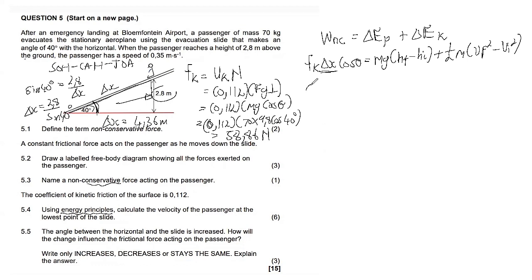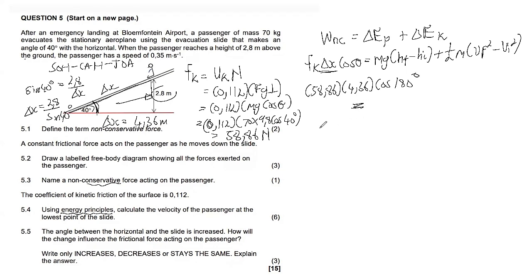Then our Fk is 58.86 multiplied by delta x, which is 4.36, and then cos 180 degrees, right? Then this is equal to, so let me just say equal to here. So note that this is on the left hand side, and all that I'm going to write here will be on the right hand side.